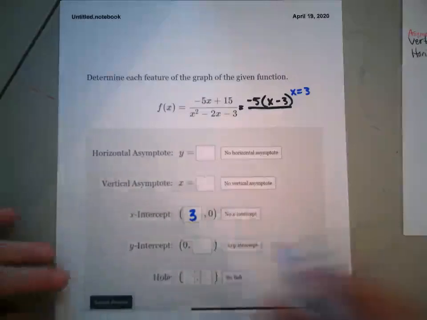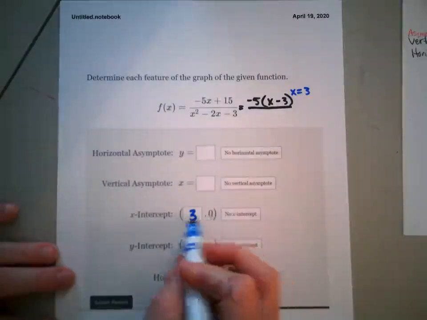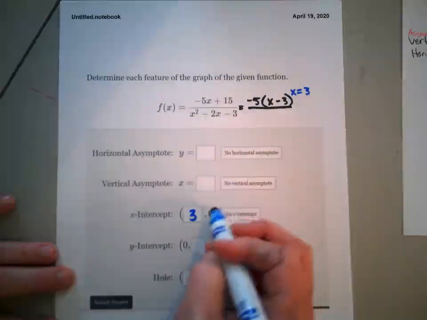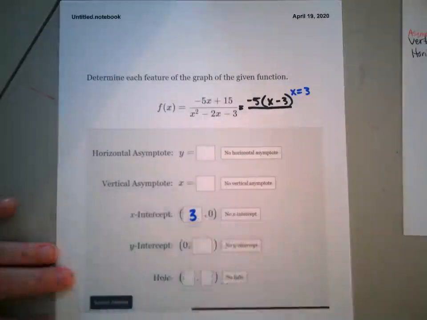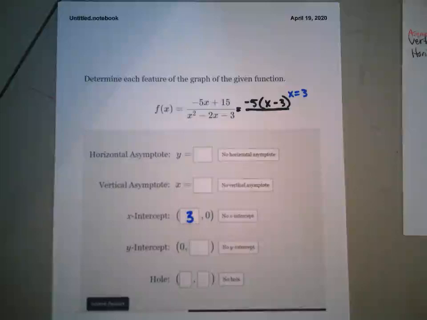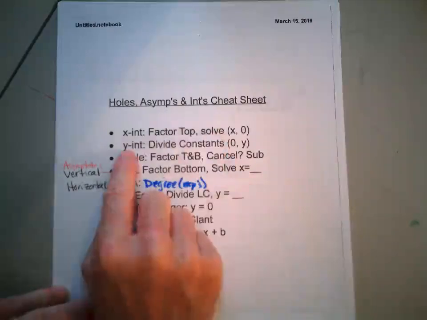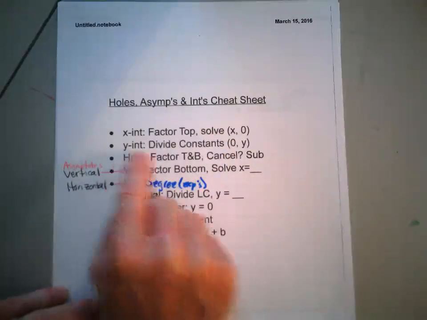Notice that it already has it set up as an ordered pair for you. You just have to take that 3 and plug it down here into the x-intercept. So that was step 1: factor the top and solve. Now we'll find our y-intercept by dividing the constants.